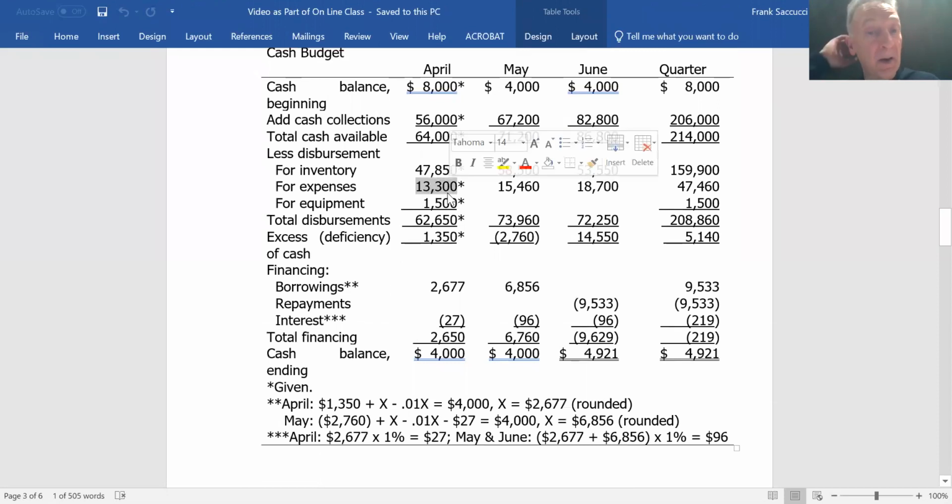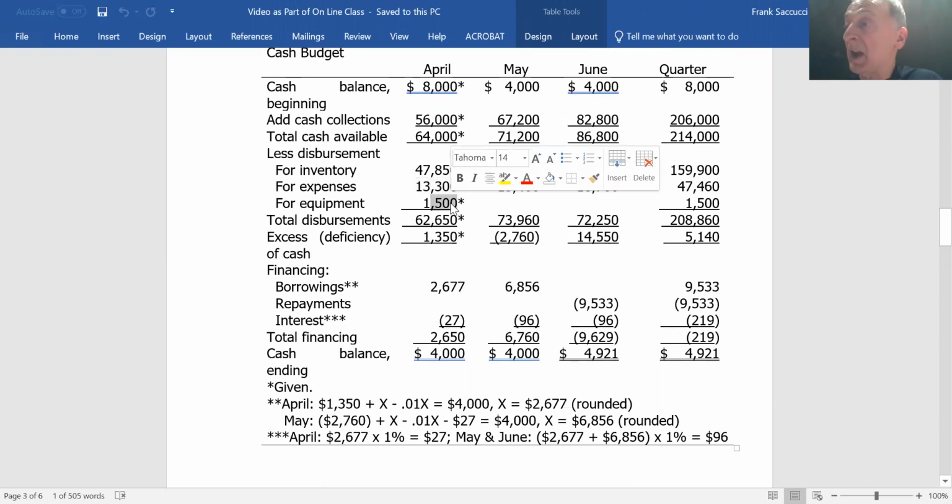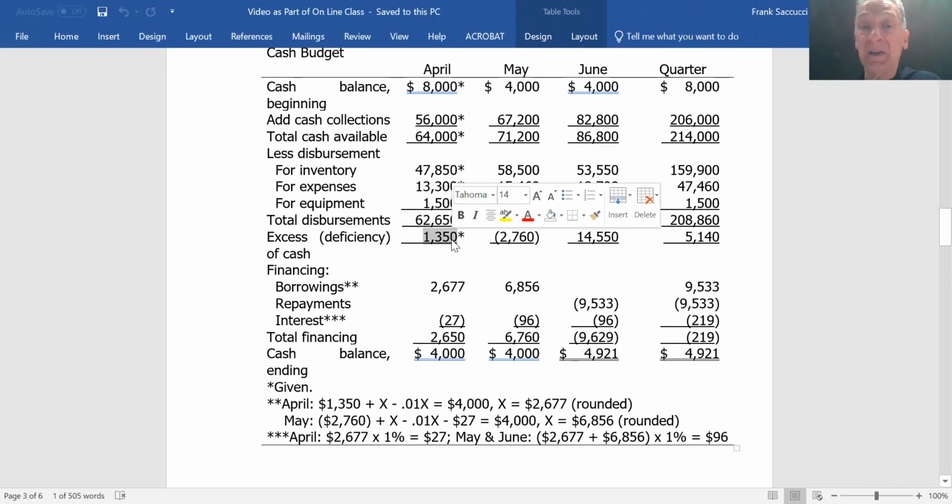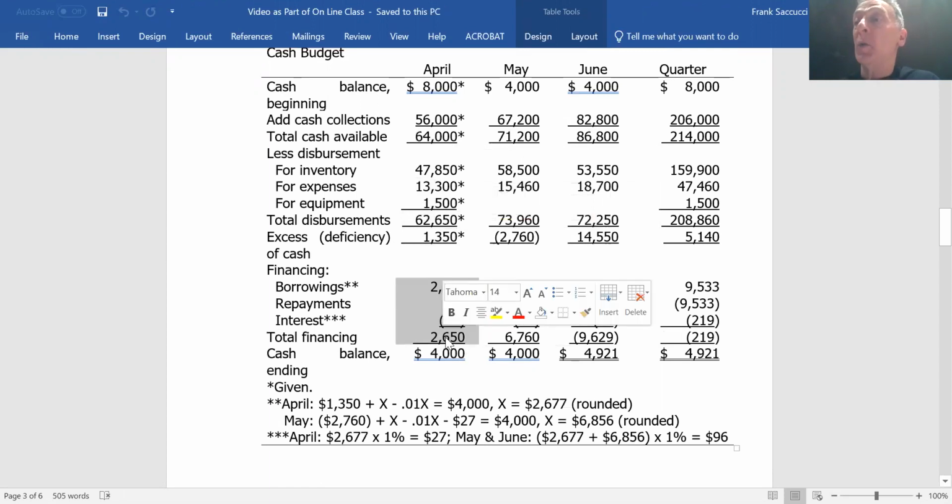In the case, in one of the paragraphs, they mention a $1,500 equipment purchase. That's a cash disbursement. So we think 64 will be coming in, 62.6 will go out. We have a small surplus of $1,350. But policy has that we must maintain a $4,000 balance. So we find ourselves that we anticipate we will be borrowing in the month of April.